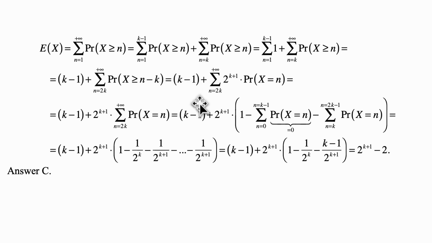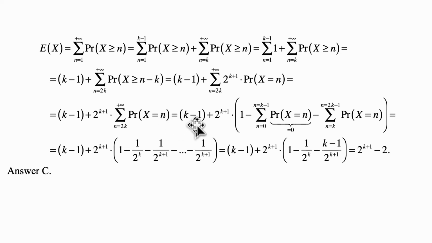And then this is again k minus 1, the first term, and the second expression is equal to this expression based on the recursive formula we proved. So this is the sum from n equal to 2k to plus infinity of 2 to the k plus 1 times the probability that x is equal to n. Okay, well, we factor out 2 to the k plus 1 from this, and this becomes k minus 1 plus 2 to the k plus 1 times the sum from n equal to 2k to plus infinity of the probability that x is equal to n.